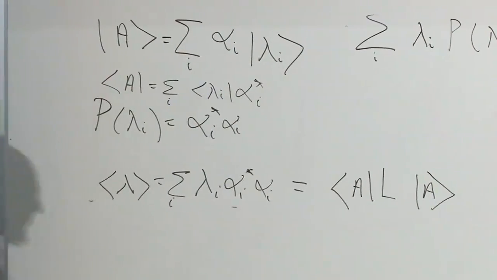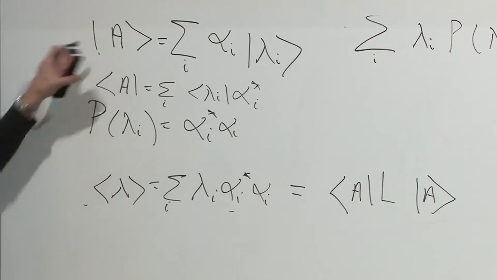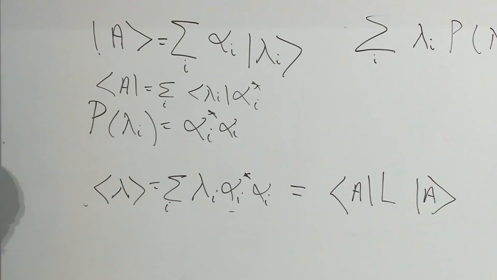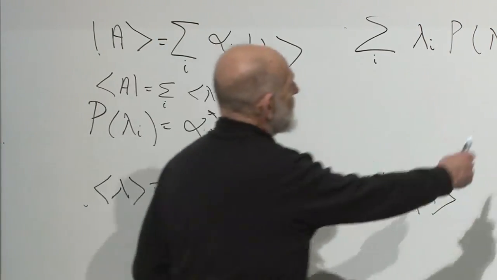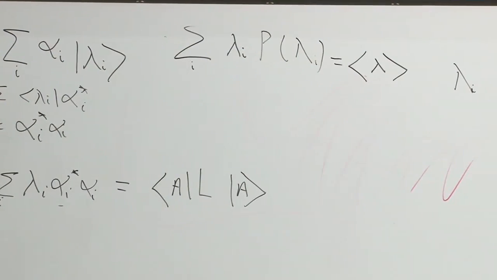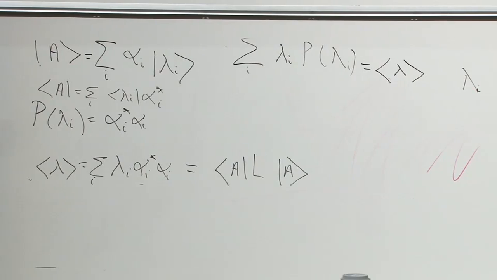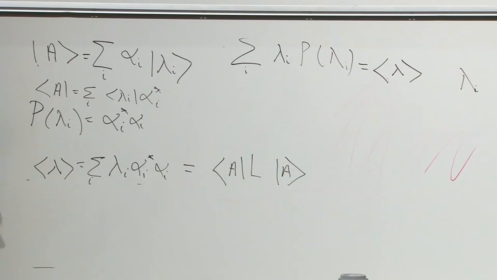That's the same bra and ket, the bra and ket associated with the state of the system. That's where this notation of bracket comes from. That's a good thing to know: if you want the average of a quantity, just sandwich it between the bra and the ket representing the state.